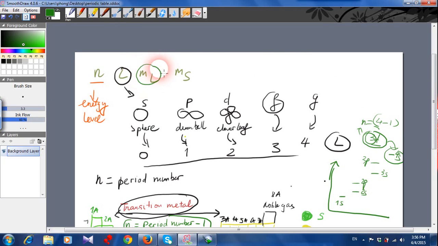We talk about ML. ML is the orientation of the orbital.